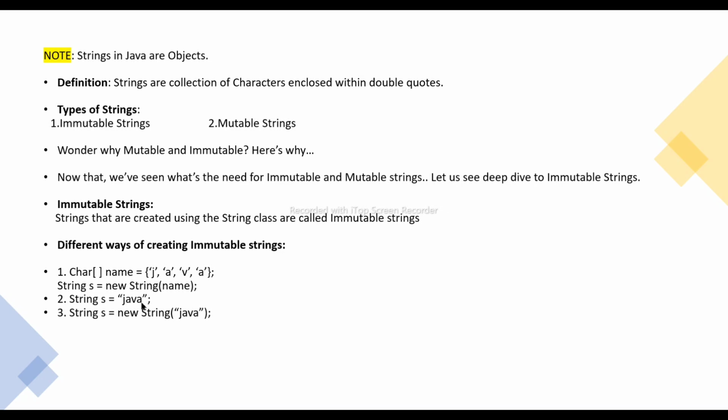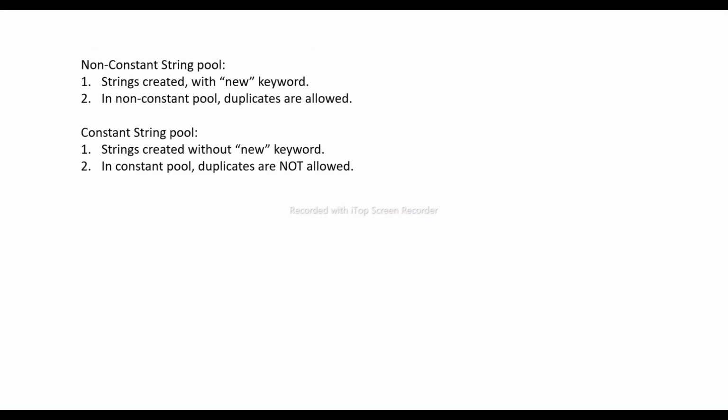I have directly initiated the string. So that is what I'm saying here. If you use the keyword new and then create a string object, it will get created on the non-constant string pool. If you do not use the new keyword, it will get created on the constant string pool.